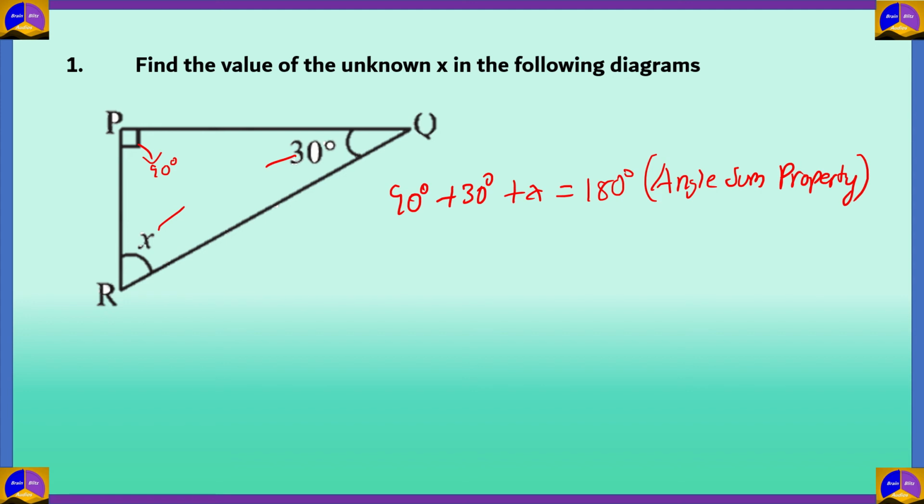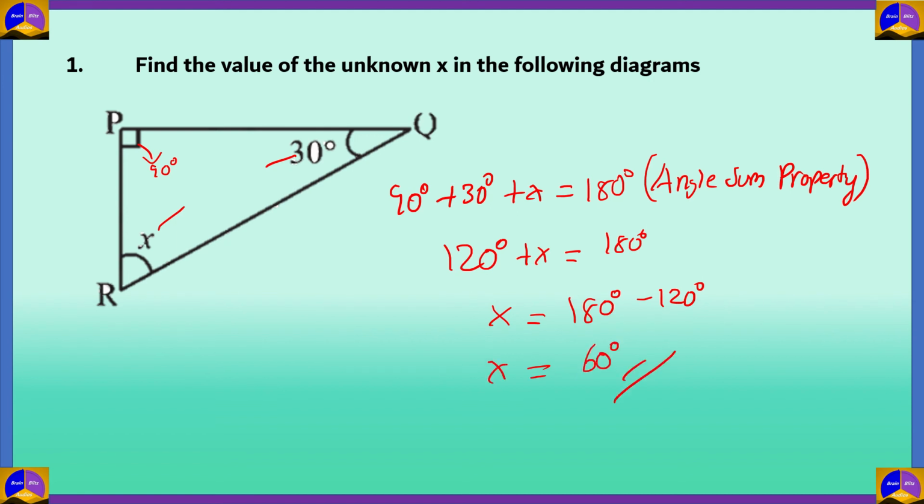So we have to write the reason. And 90 degrees plus 30 degrees would be equal to 120 degrees, plus x would be equal to 180 degrees. To find x, we take 120 to the other side. x would be equal to 180 degrees minus 120 degrees, which would be equal to 60 degrees. So in triangle PQR, x is equal to 60 degrees.